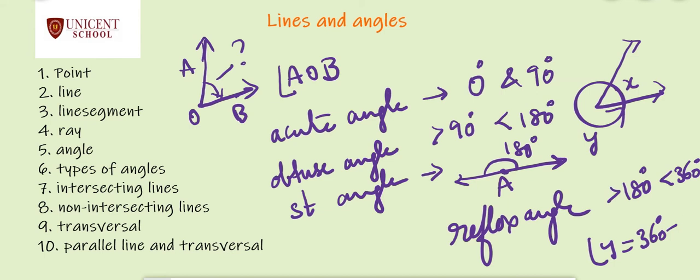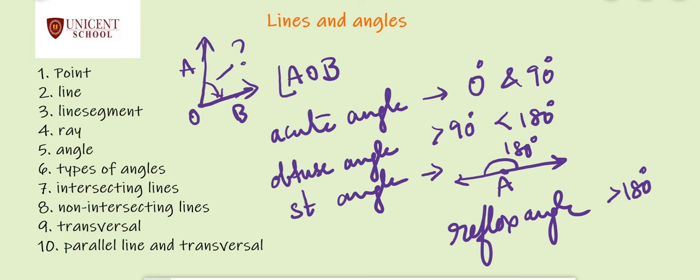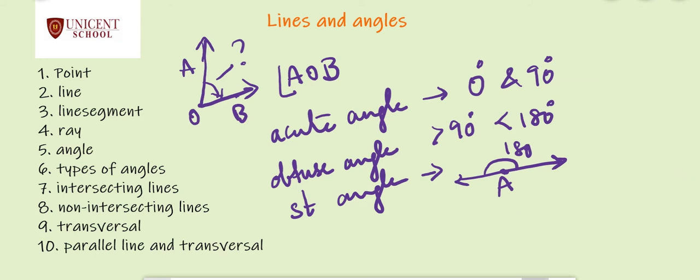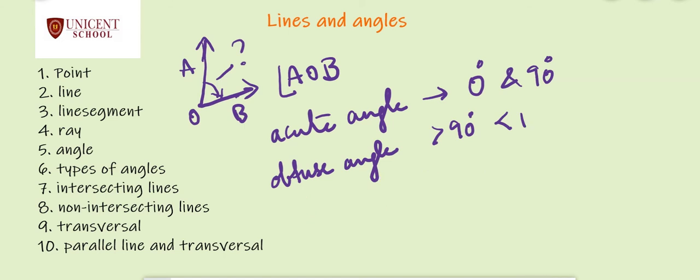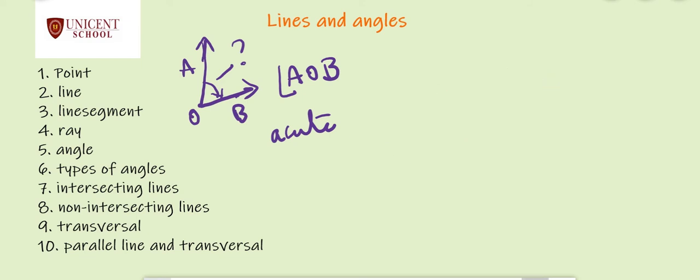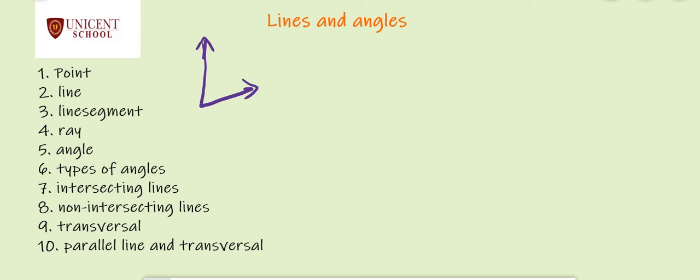Now, let us know what are intersecting lines. Intersecting lines are those when a line meets another line at a point. So let us name and take two lines as L and M, and let's see how it goes.